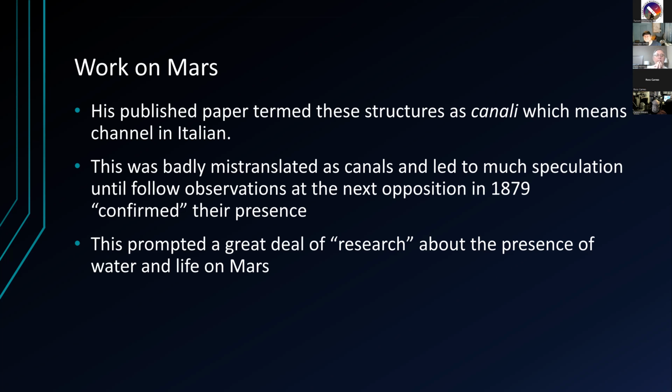It's like, you didn't see anything. Those are artifacts. They aren't there. Maybe it's something wrong with your telescope. So like all good scientists, they did a follow-up campaign where they said, hey, yeah, we can reproduce this. So upon confirmation, this presented a great deal of research about water and life on Mars and what sort of life was there.